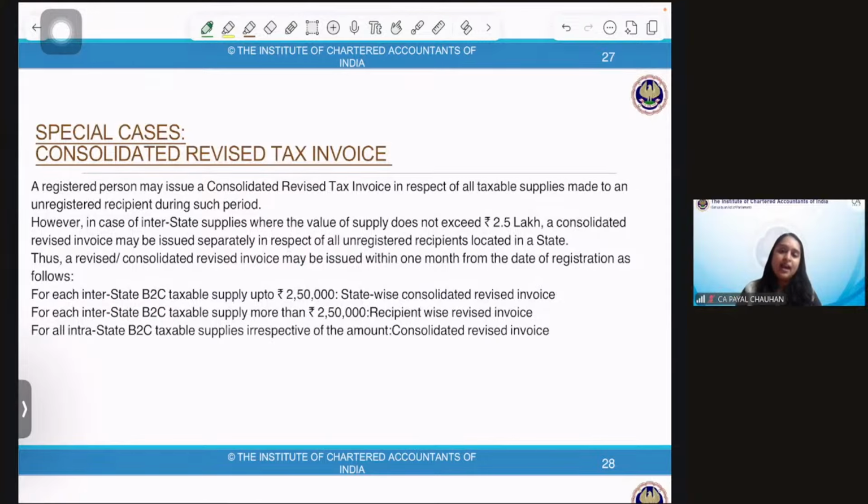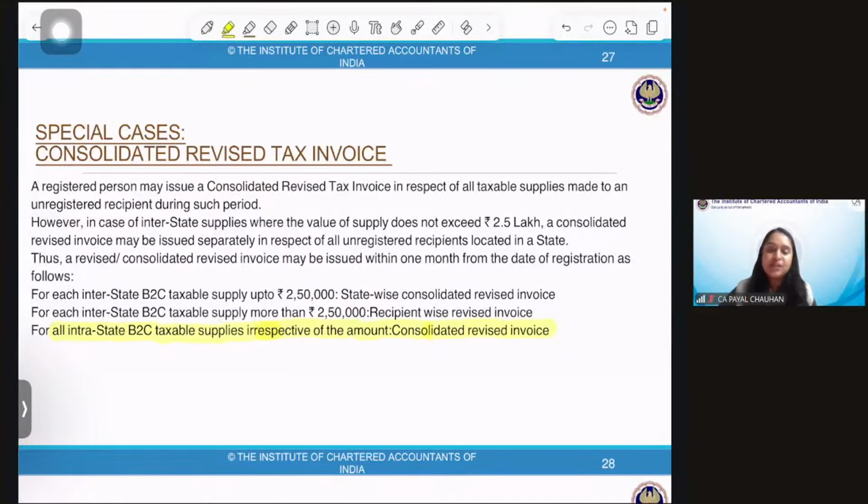So do I have to issue a separate revised tax invoice? No, in case of intrastate, you need not. Very, very important. Yesterday also I told you, in case of intrastate B2C taxable transaction, irrespective of the amount, a consolidated revised invoice will be issued.